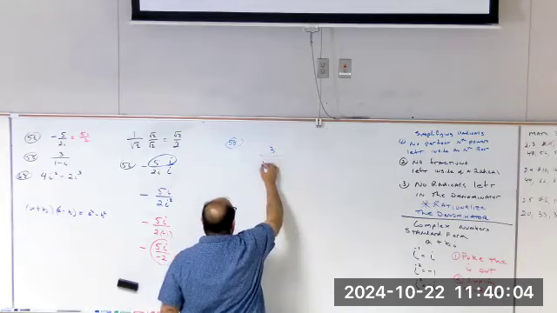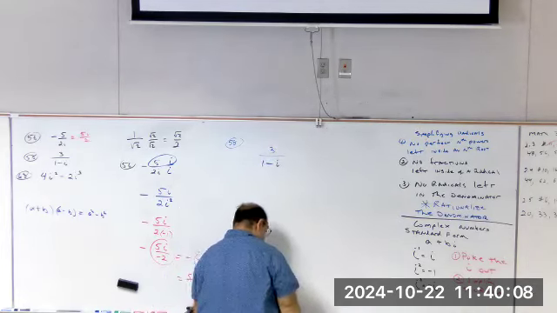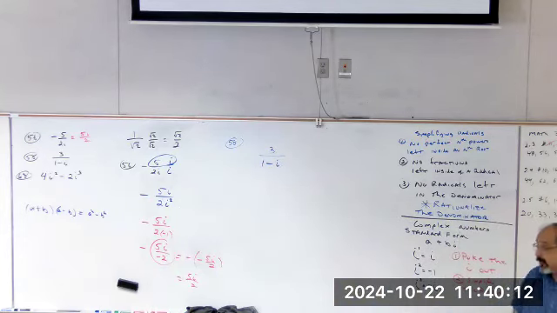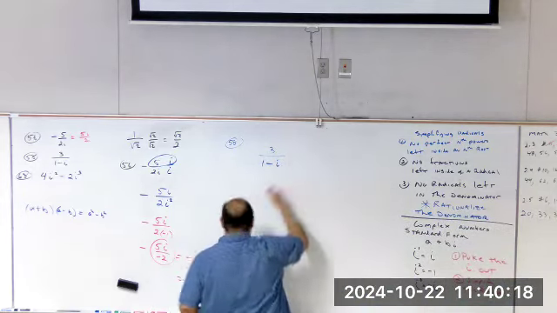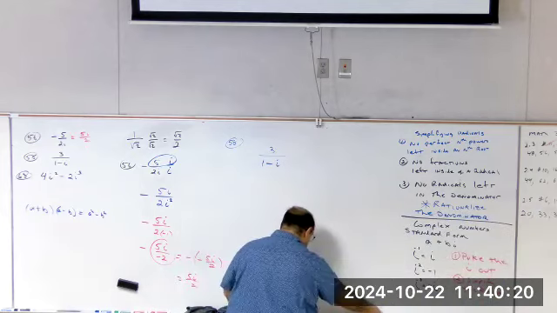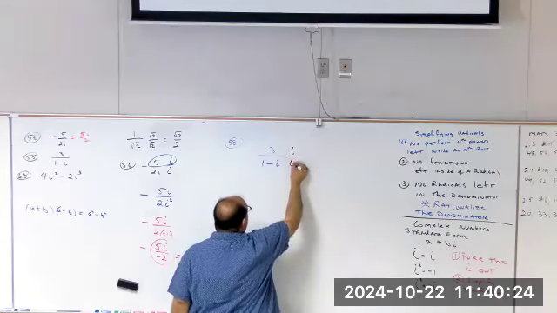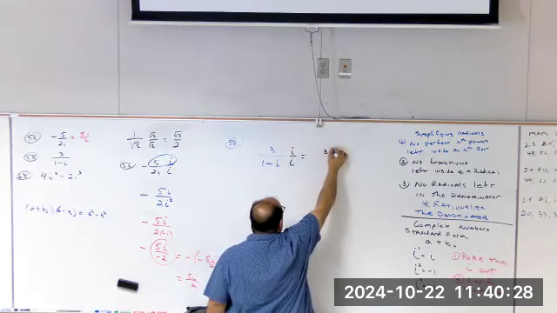Three over 1 minus i. Okay. You can't have an i in the denominator. So the last thing we did was we multiplied by i over i. If you do this, it ain't gonna work. If you just try to do what we just did, i over i, we get 3i.